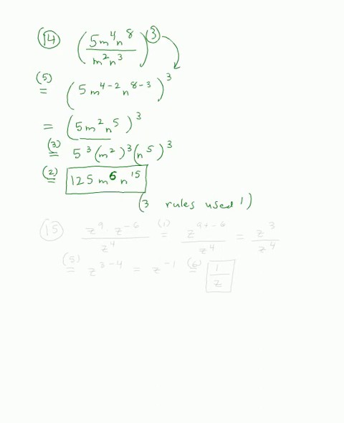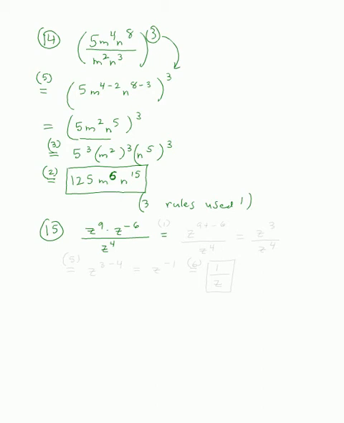Okay, let's do another one. We have z to the 9th times z to the negative 6th divided by z to the 4th. So what do I do here? Well, first of all, notice that the top powers add because we have a product there.